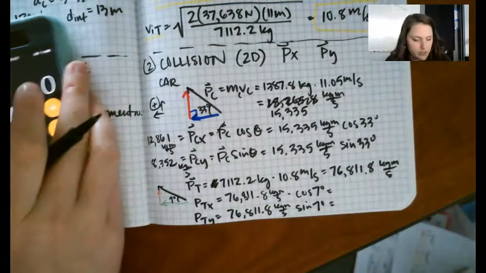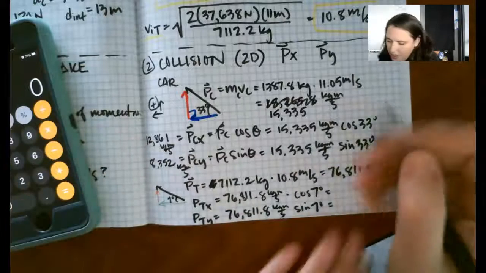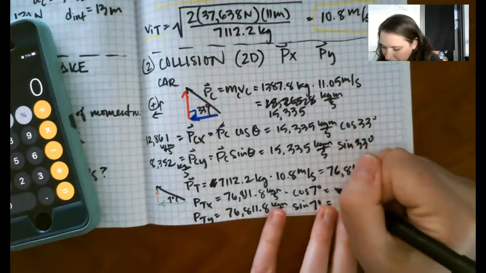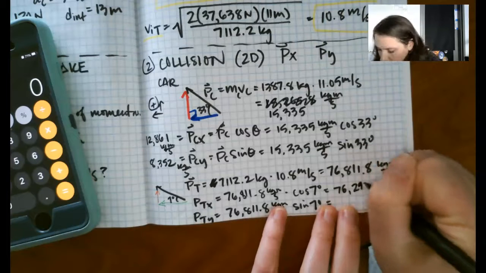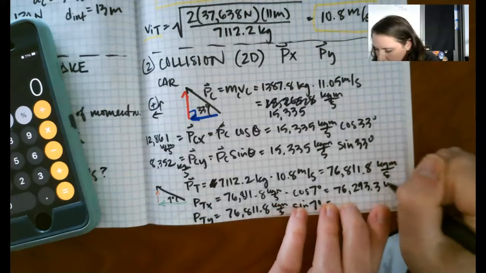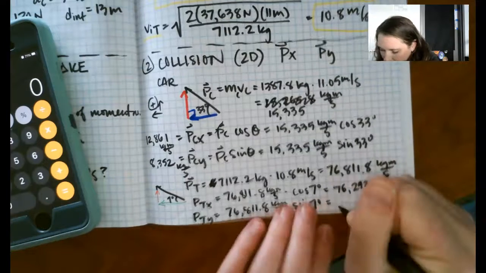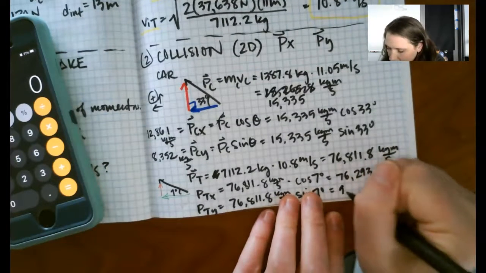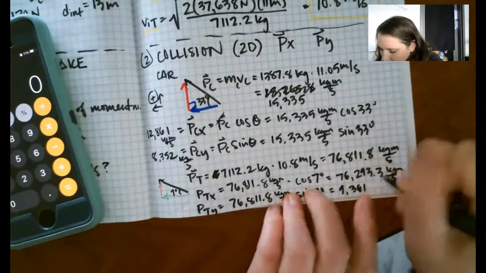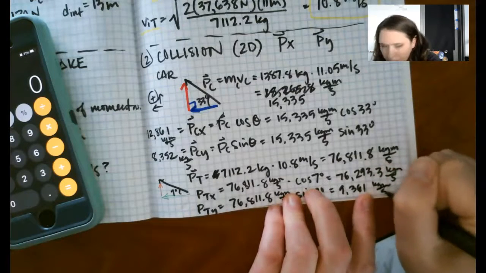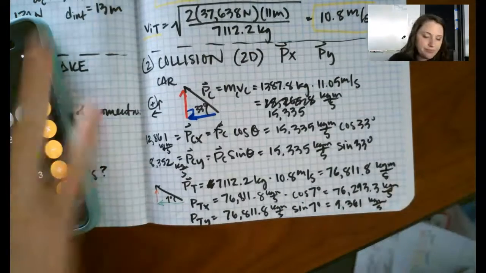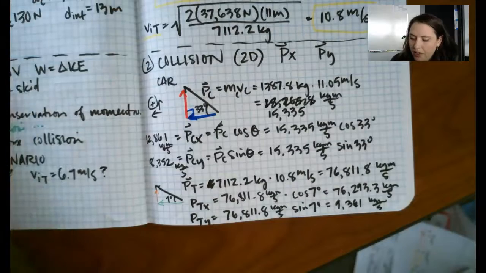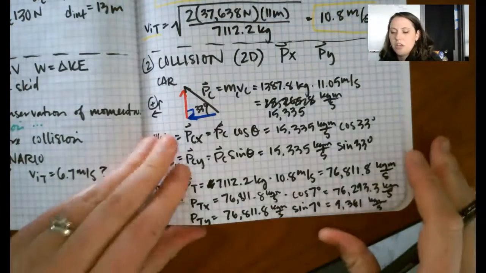And all things considered, I get 76,293.3 kilogram meters per second and 9,361 kilogram meters per second. So now I know the momenta of my vehicles in the x and y direction before the collision.